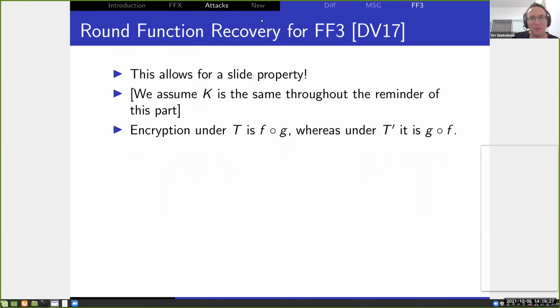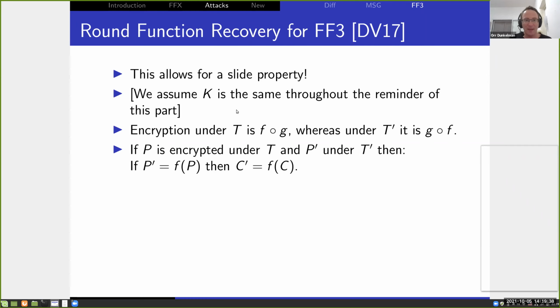So what the attack does is it recovers the round function. Generally speaking, encryption under T is F and then G. Encryption under T prime is G and then F. Now, what happens if by any chance P was encrypted first under F, we got P prime, and then it was encrypted under G into ciphertext C. And at the same time, I took the same P prime and encrypted it under T prime.